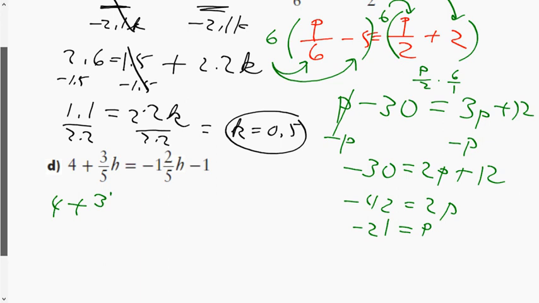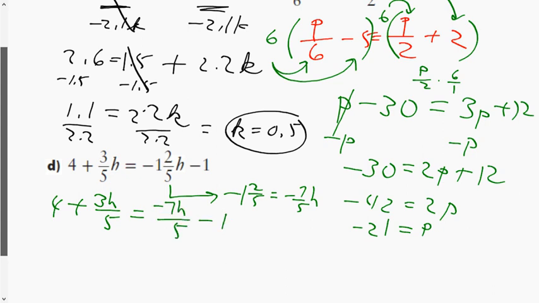Plus 3h over 5 is equal to, keep in mind, negative 1 2/5 is the same thing as negative 7/5. So negative 7/5 h would be negative 7h over 5 minus 1. Just like that.